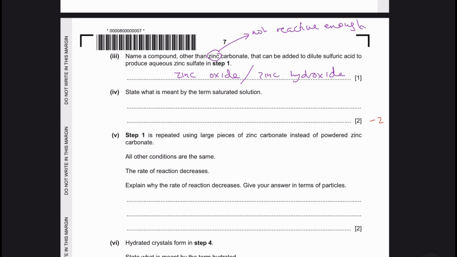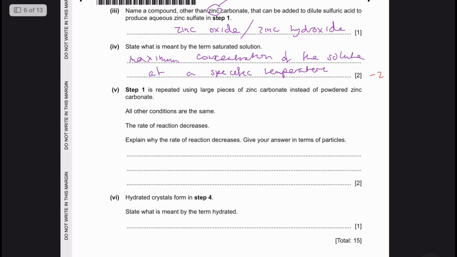Okay, state what is meant by the term saturated solution. This is just a solution that's at maximum concentration of the solute, so in this case the zinc sulfate, and this happens at a specific temperature. We have to add that just because at different temperatures the maximum concentration that can be dissolved in the water will change. So those are the 2 marks.